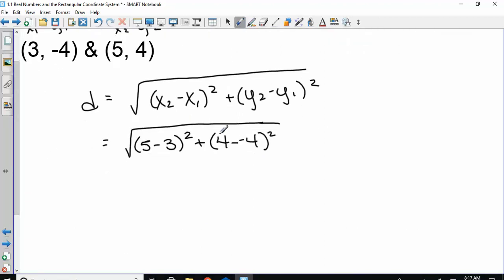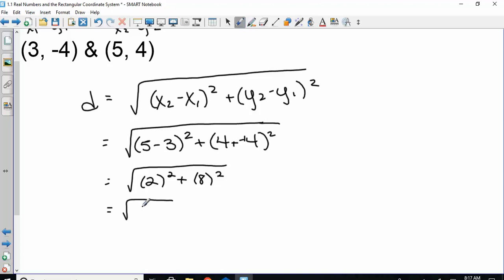Okay, you cannot use this square root to cancel those squares. Why? There's an addition sign right here, so there are 2 terms under that radical, so they can't cancel. We just have to simplify underneath first. So 5 minus 3 is 2, so we have 2 squared. 4 minus negative 4 is 8, squared.